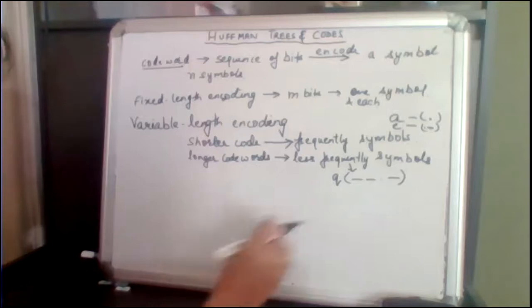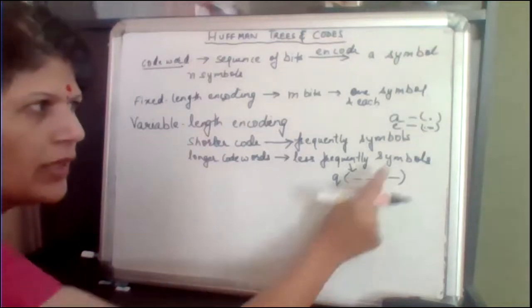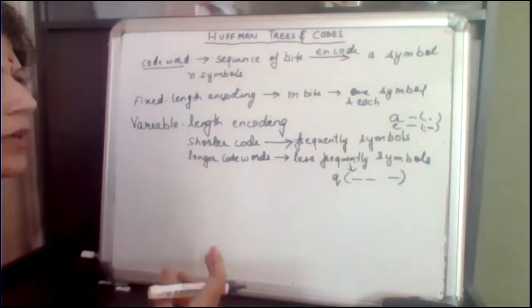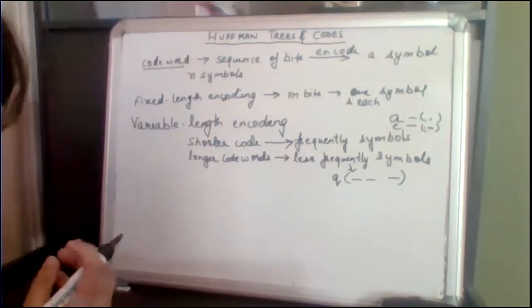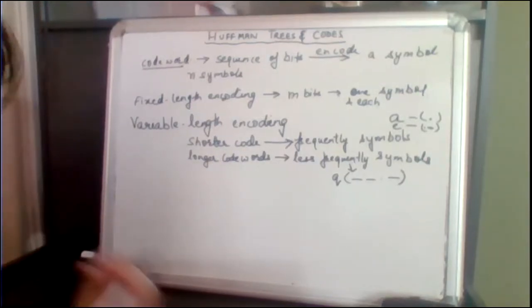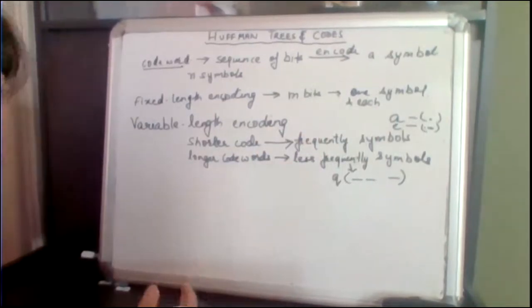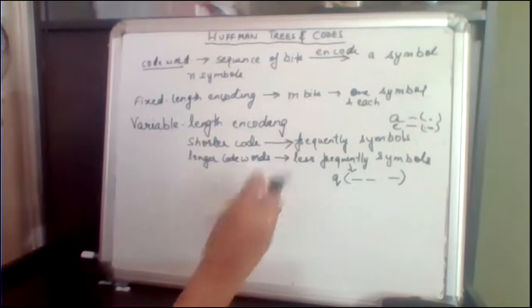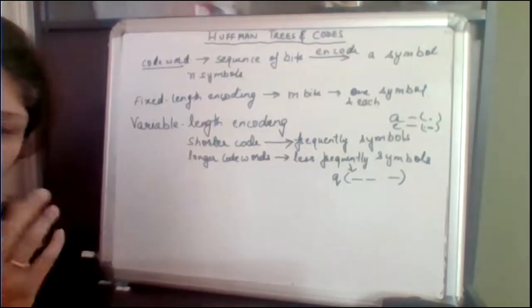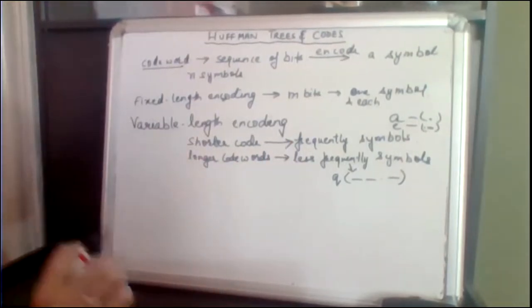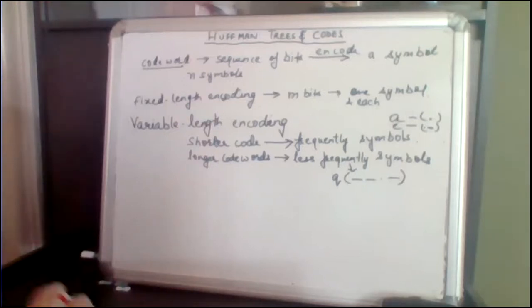So the bit length required here is 4, whereas it is 2 there. If you have some particular text that you want to encode, where, let's say, A is appearing 3 times, Q is appearing 1 time, and E is appearing 2 times, then your complete encoding will be of shorter length.